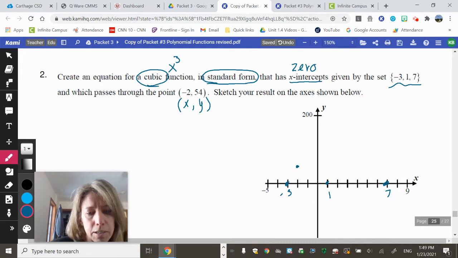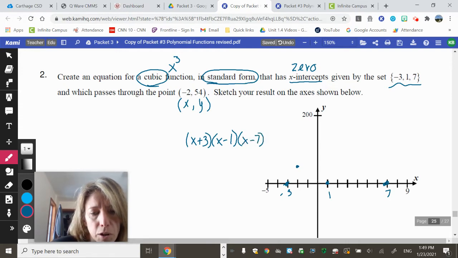Basically, we've learned in 7A that the zeros can give us the factors. So from the zero of -3, we know we have a factor of x plus 3. And from the zero of +1, we have a factor of x minus 1. And from the zero of +7, we have a factor of x minus 7.